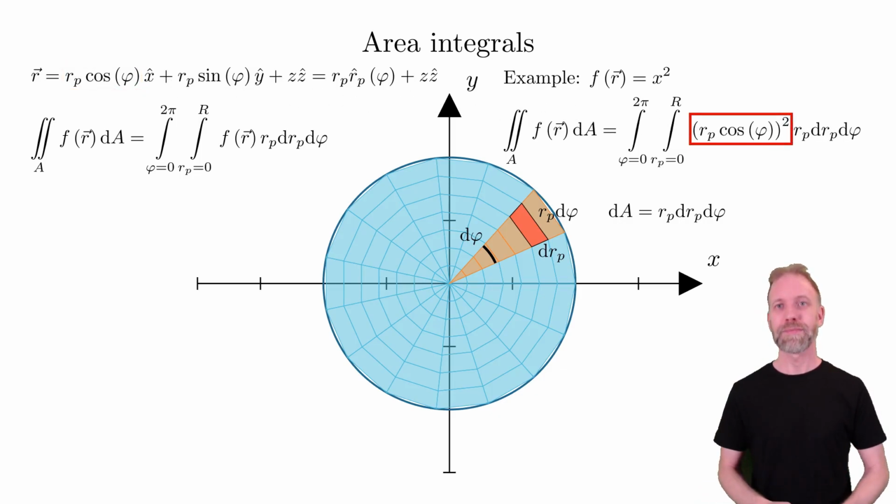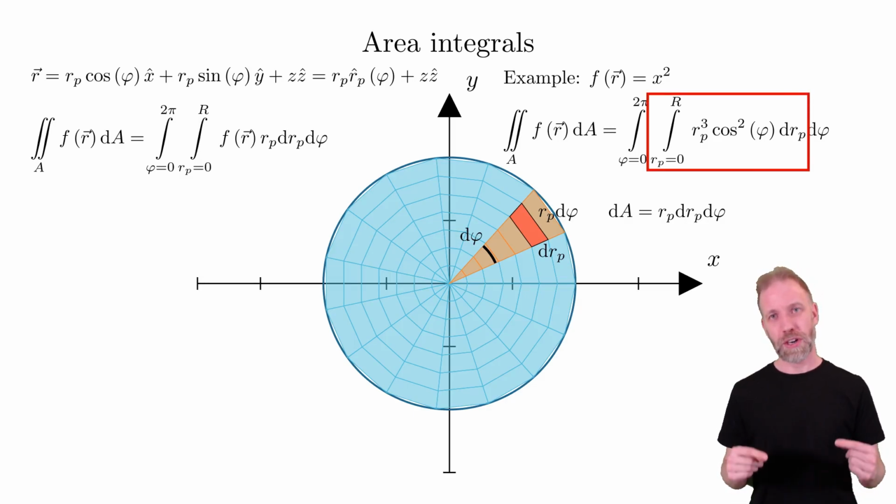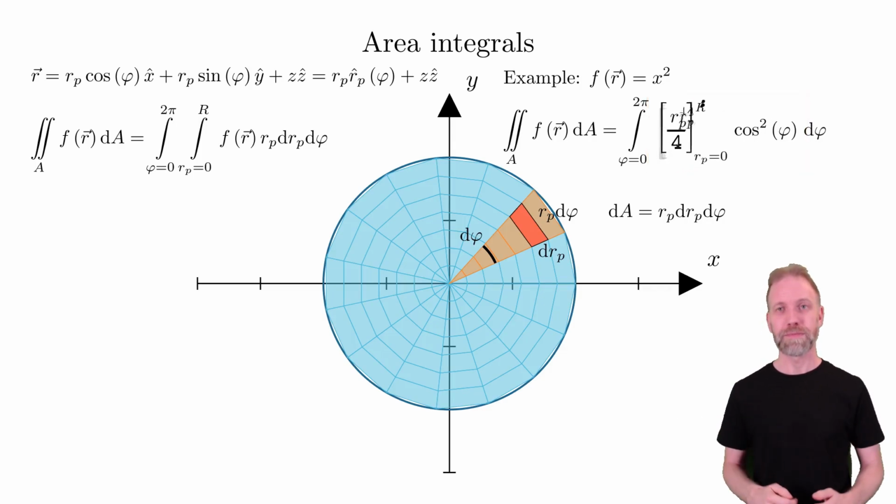Expand. And combine. Start by solving the rho integral, which is a constant times rho cubed, and we'll have the following primitive function.